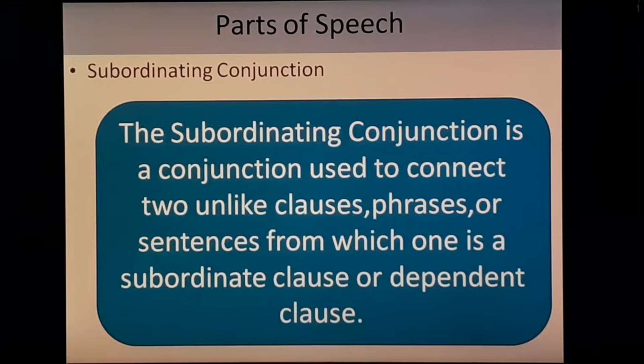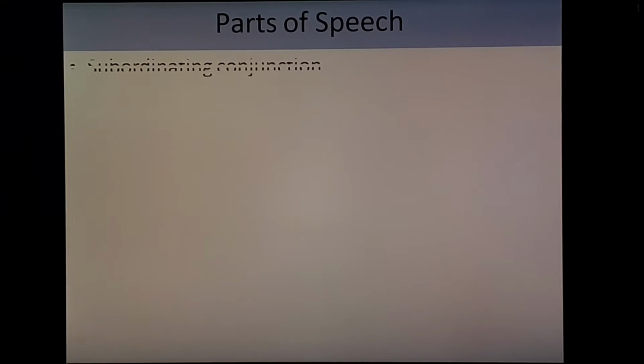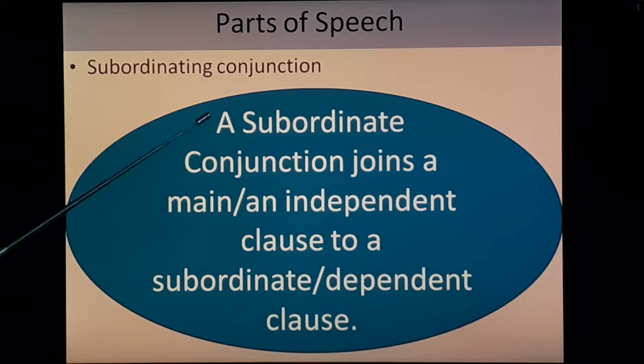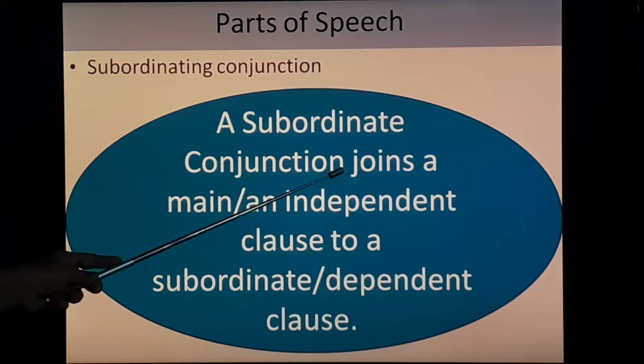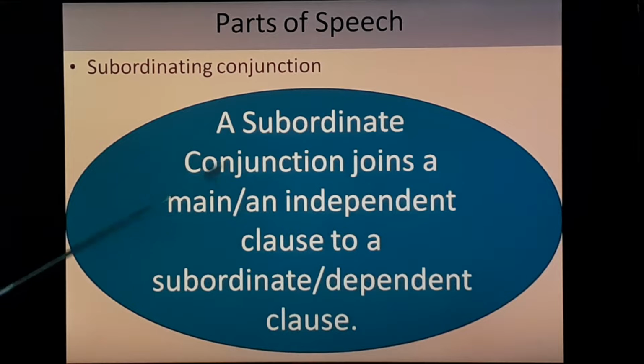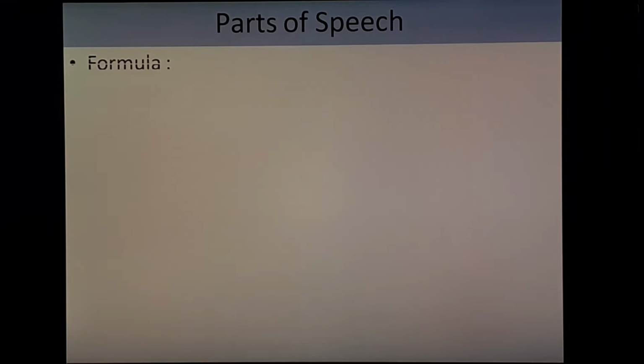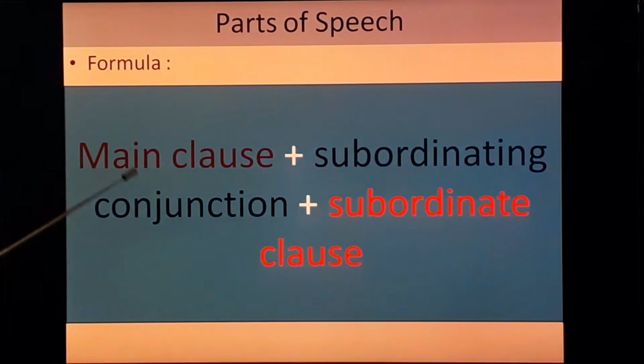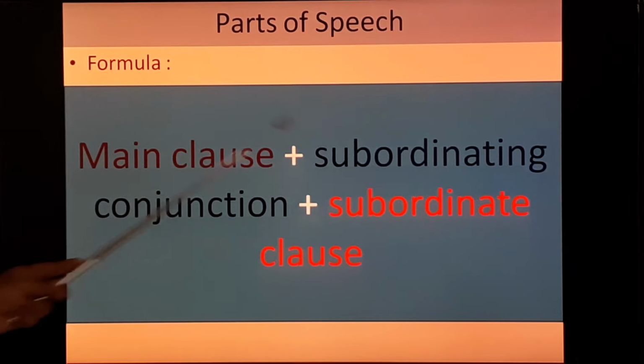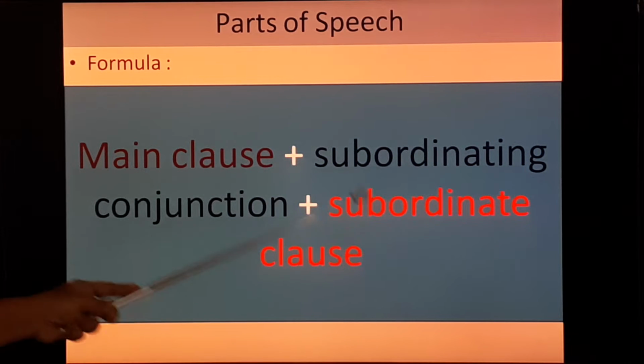In other words, a subordinating conjunction joins a main or an independent clause to a subordinate or dependent clause. Let's see the formula. Main clause, then subordinating conjunction, then subordinate clause.